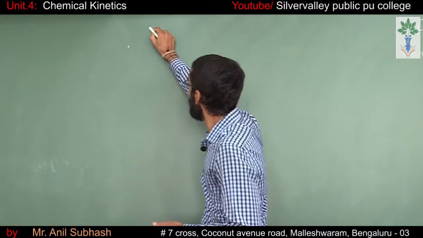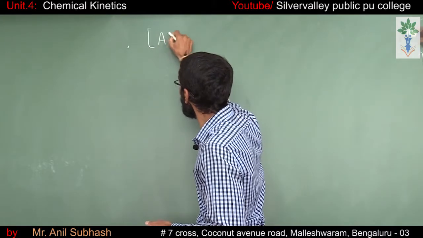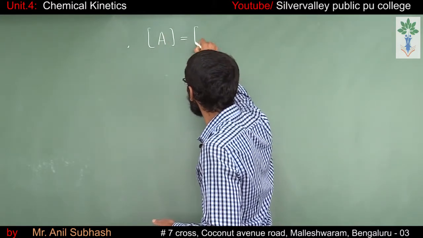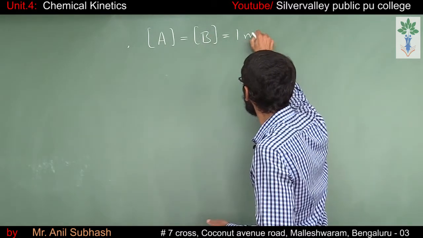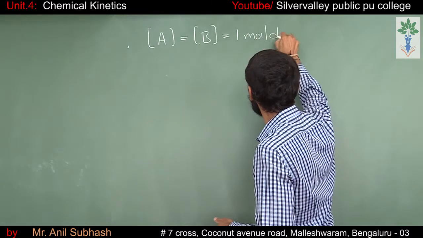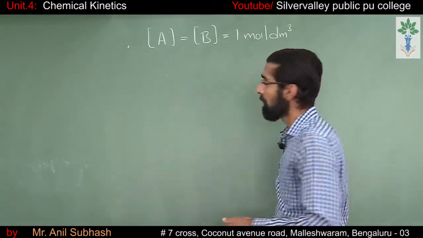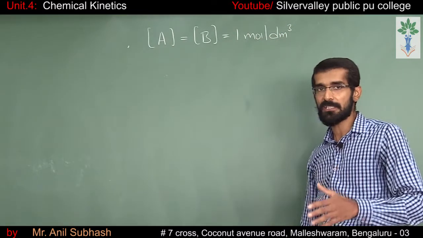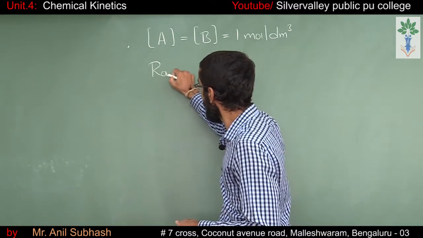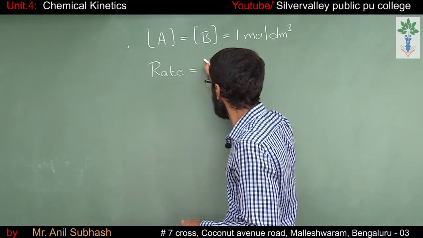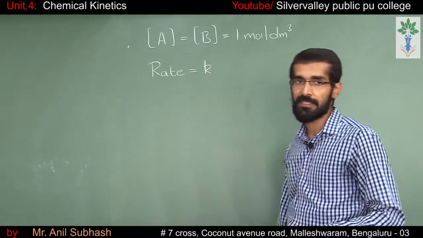To define the rate constant, we will consider the concentration of the reactants to be equal to unity, or 1 mole per dm cube. When the concentrations of the reactants are unity, the rate will be equal to the rate constant.